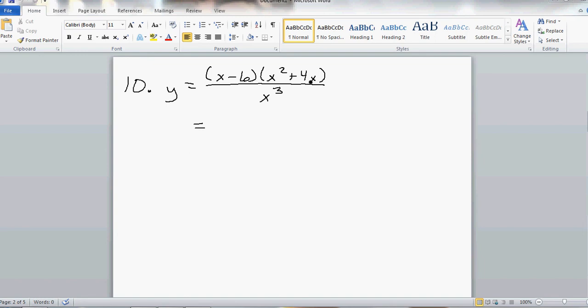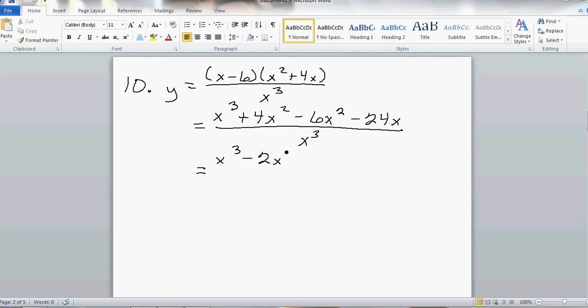I'm just going to FOIL this top out, and I get x cubed plus 4x squared minus 6x squared minus 24x all over x cubed. Straightening the numerator up, we get x cubed minus 2x squared minus 24x over x cubed.